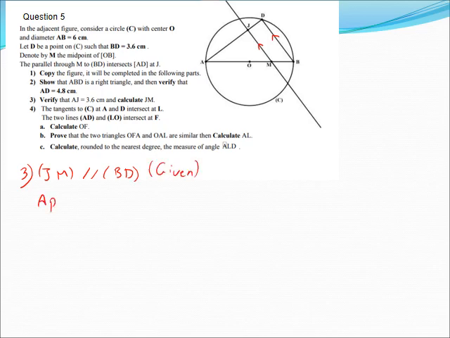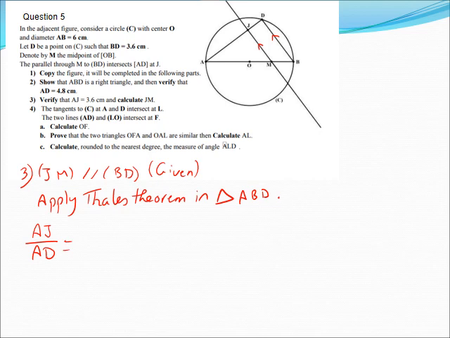So apply Thales' theorem in triangle ABD: AJ over AD equals AM over AB equals JM over BD.